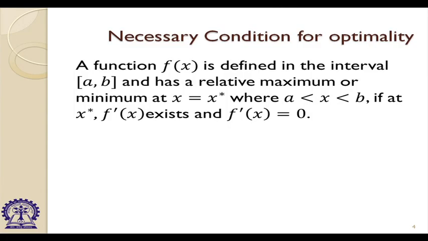Now if I consider a function f(x) that is nonlinear in nature, and the domain of the function is given as the interval a to b, then we will get the relative maximum or minimum at point x star if the first order derivative is 0, but it must exist, then only. All right. You know this fact, but I do not know whether you can prove it or not. That is why I am coming to that part, how to prove this.